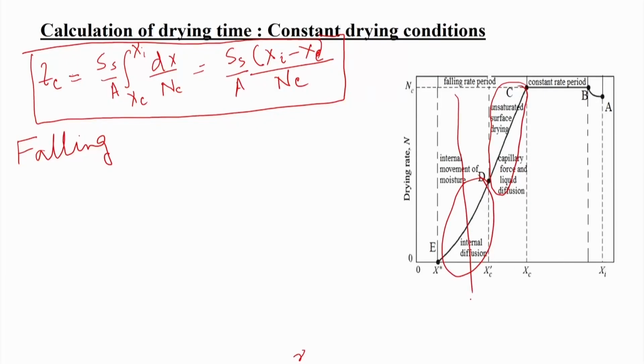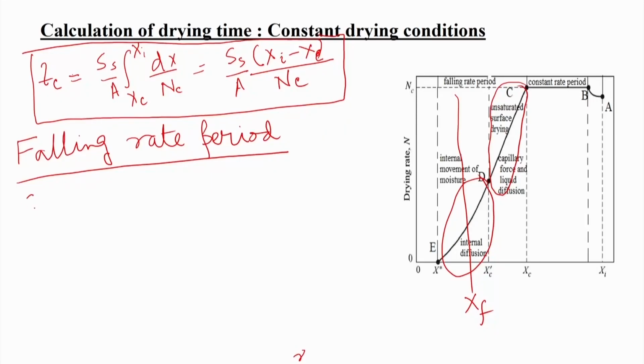Let us take this as x_f. In the falling rate period we will be discussing two cases. Suppose special case 1: we take that the drying rate decreases linearly.